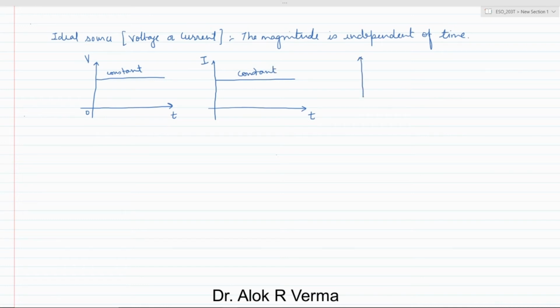Now we have the IV characteristic of an ideal voltage source. This is V and I. It can be a function of time also, but the voltage will be constant. Similarly, suppose I is the variable and voltage is fixed; now the ideal current source will be this.